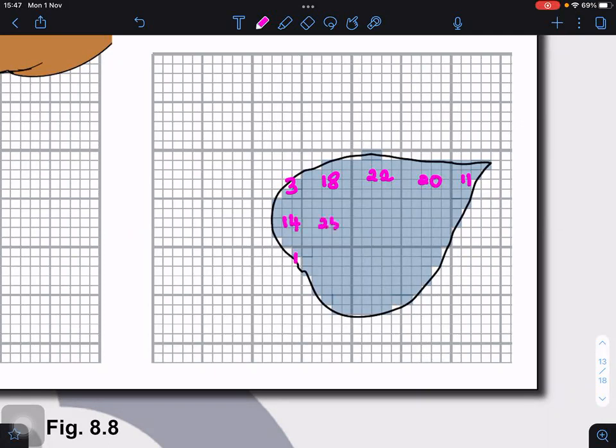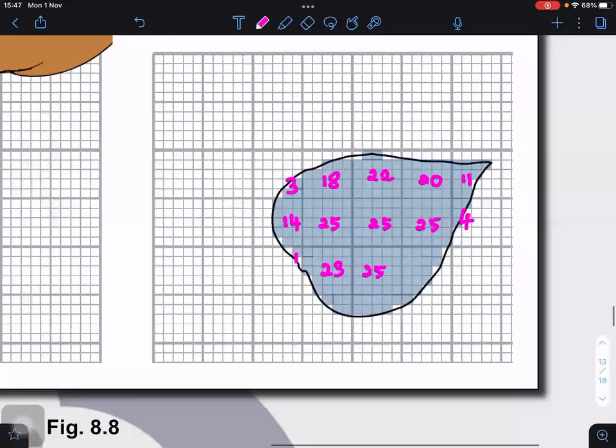This one 25, 25, 25. This one 4. This one 25. This one 23. How many in total, guys? 16, 5, 9, 1. Okay, now you can total up.